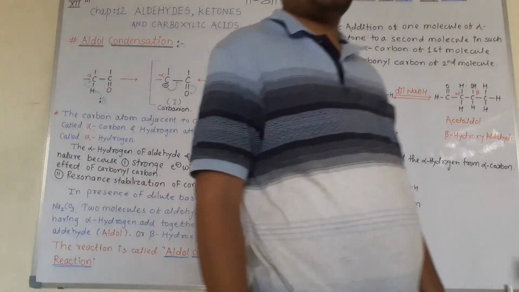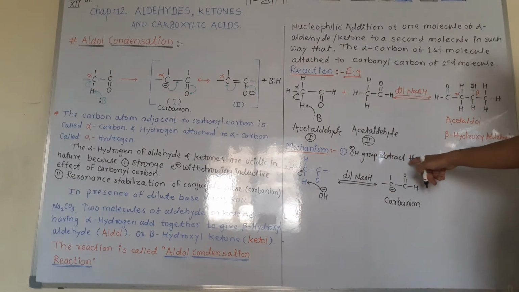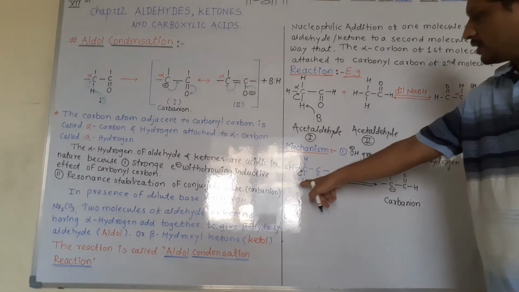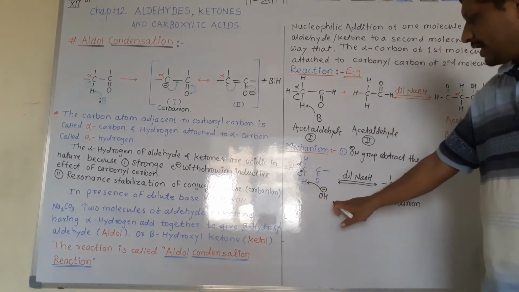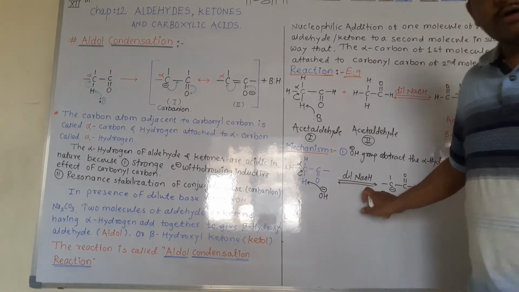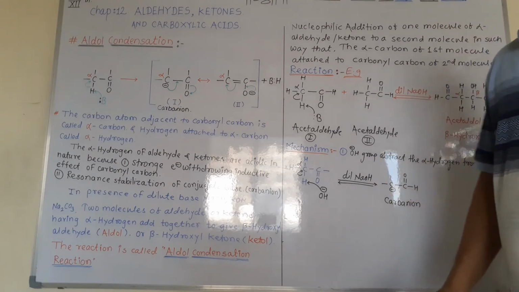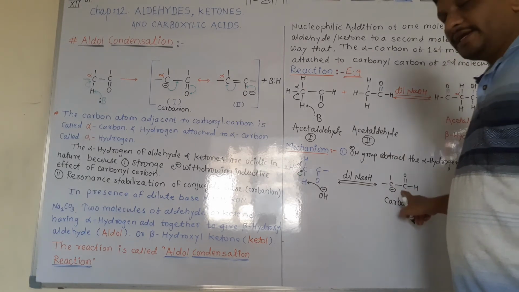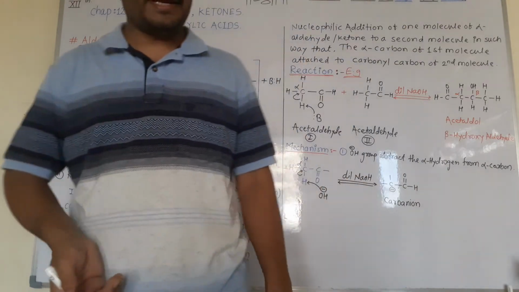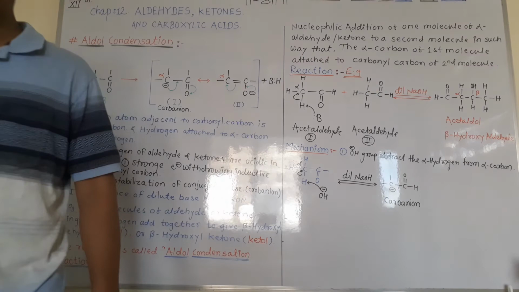In the first step, the hydroxyl group abstracts the alpha hydrogen from the alpha carbon. This alpha hydrogen is acidic in nature and is abstracted by the hydroxyl group of a dilute base such as NaOH, KOH or Na2CO3 to make the carbanion. In the second step this carbanion directly attacks the carbonyl carbon of the second aldehydic group.